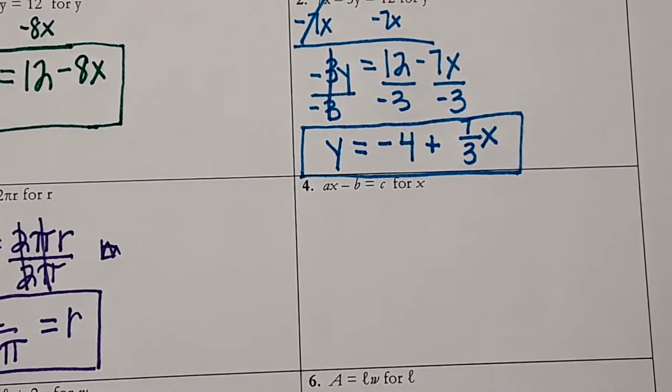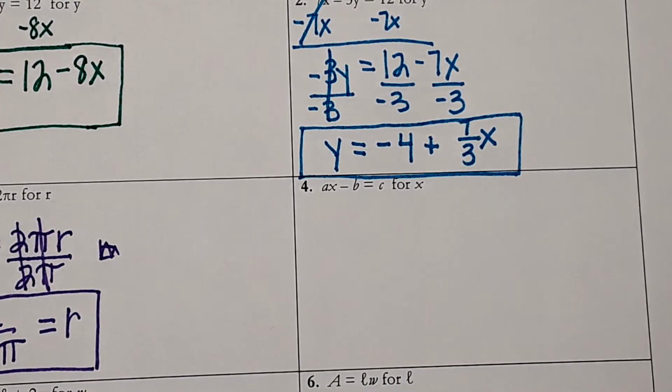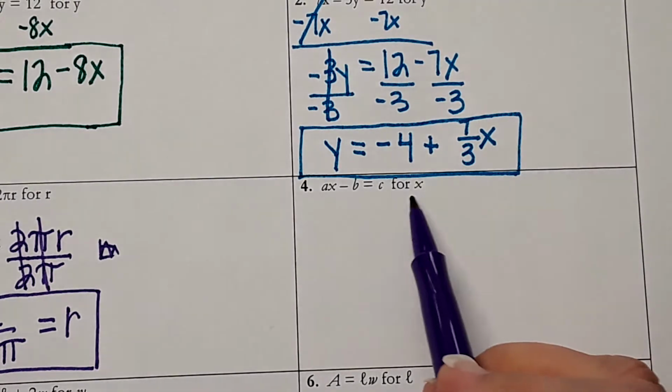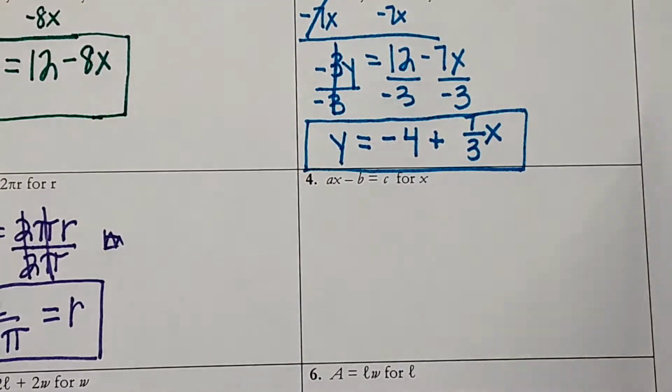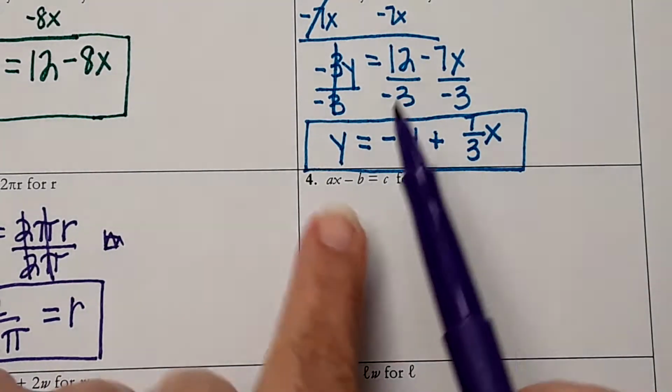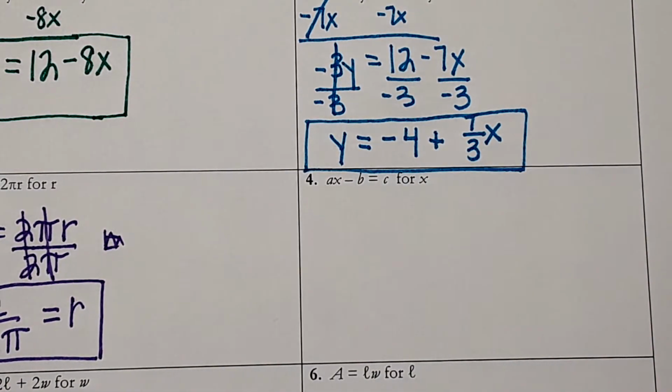Okay, the next one I have is ax minus b equals c. Okay, what am I solving for? I'm solving for x. That means I need to look at where my x is. Well, my x is next to the a, so I'm going to leave that, but that b is there. And what is going on with that b? That b is being subtracted. So what is the inverse of subtracting?